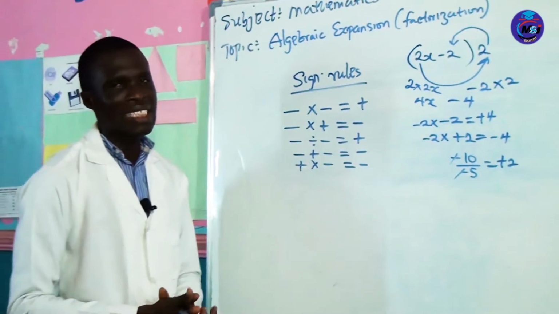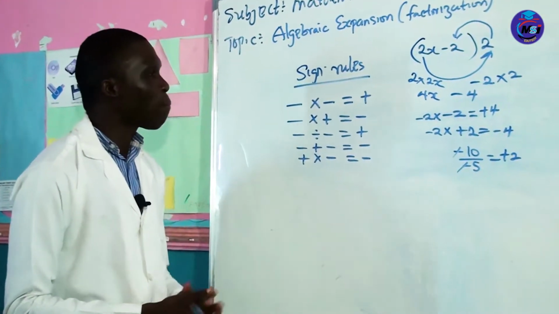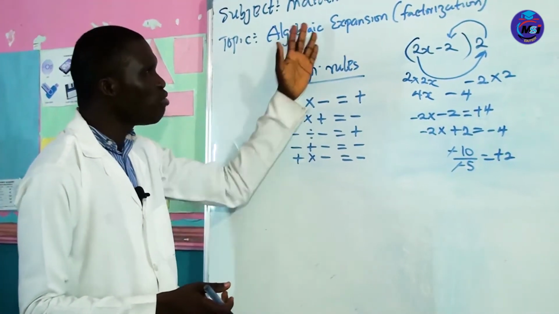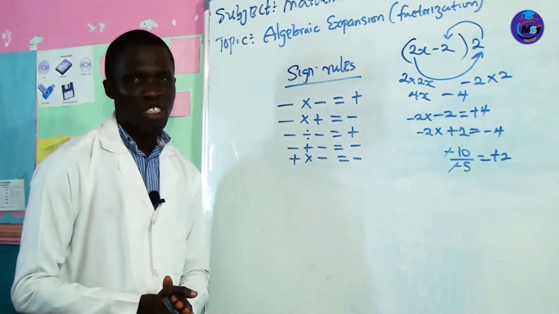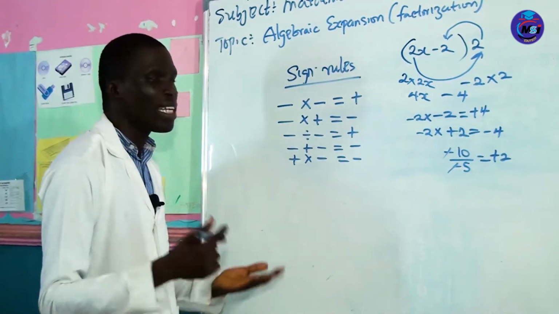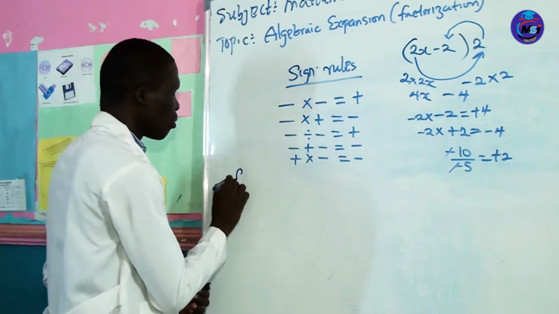Now let me give you an example where you can apply this sign rule in relation to algebraic expansion. Let's say, for instance, a question is given to you.